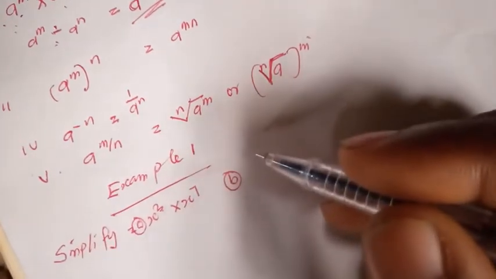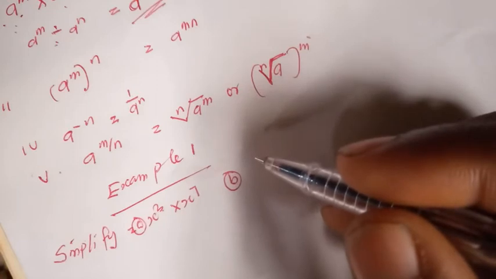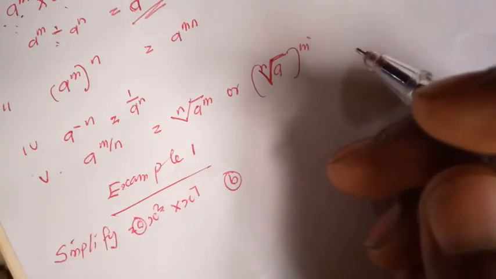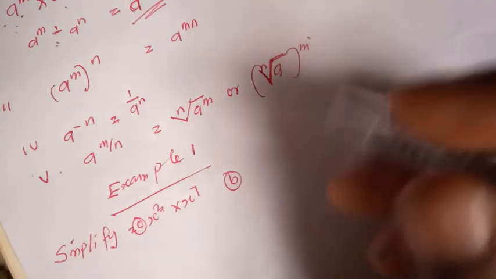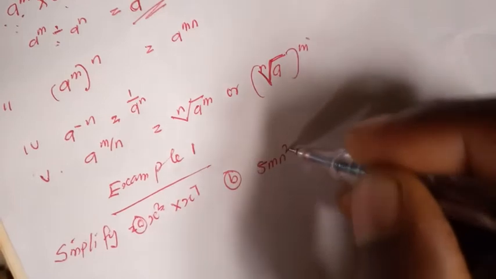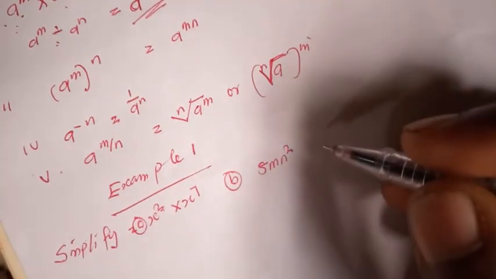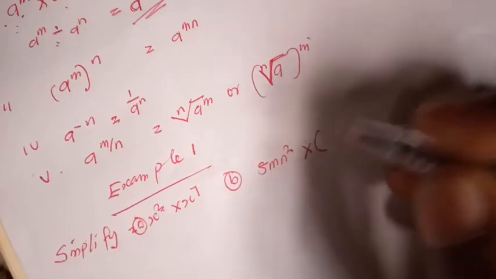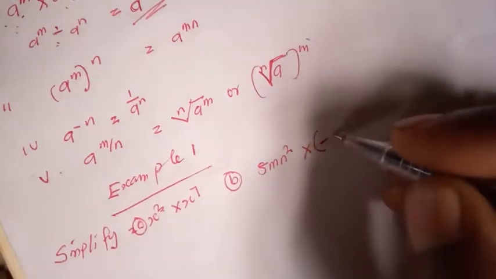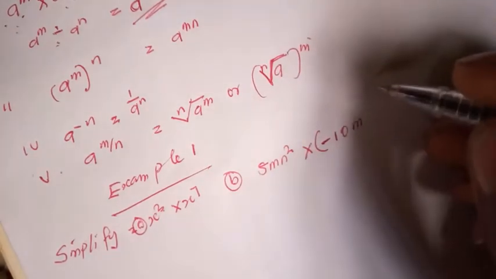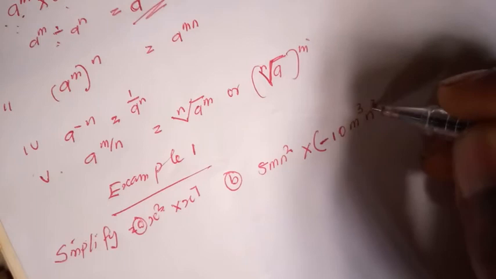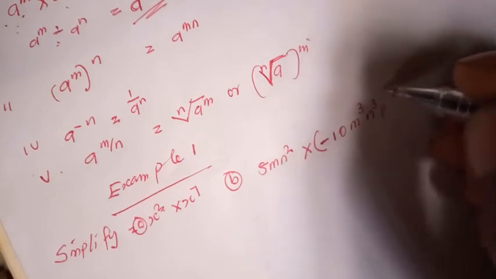We have a. Then another one, what if we are having something like this: 5 m n squared times open bracket minus 10 m cubed n cubed p.